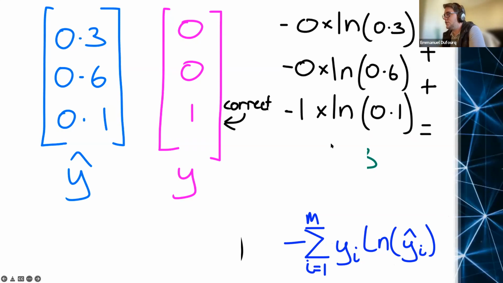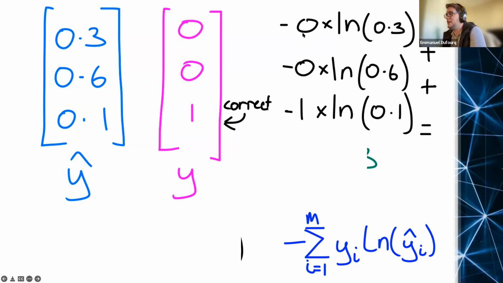Okay, so how does it go? We say 0, the correct value, times the natural log of the predicted value. We'll do it one row at a time. So this first 0 times the natural log of 0.3 plus, there's a sum sign here, 0 times the natural log of 0.6, and then plus 1 times the natural log of 0.1.